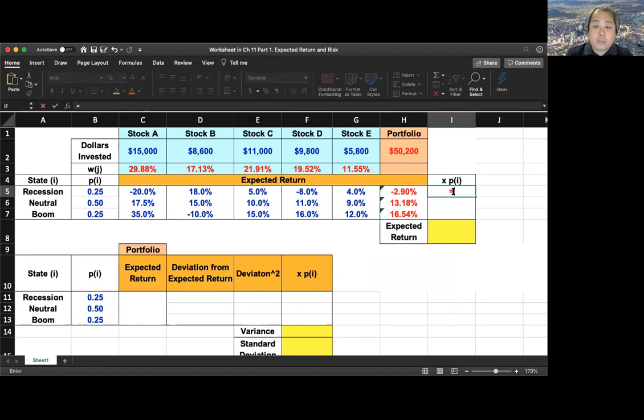Then times probability, then add them up, we find portfolio expected return 10%.